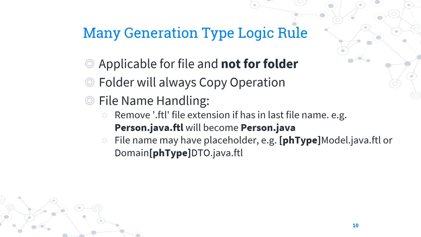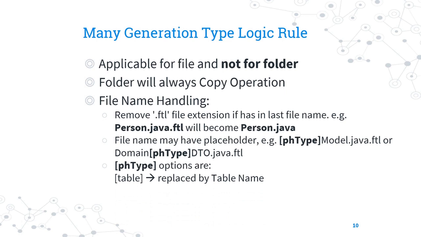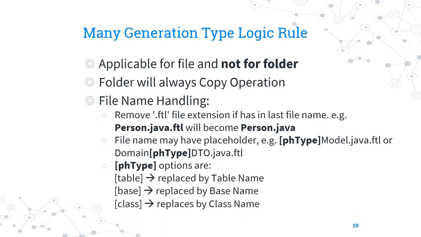In this case, the open and close square brackets are the placeholder. At this moment, we only have four types of placeholder. The options are: the square bracket with table inside it, then it is replaced by the table name. The square bracket with base inside it, then it is replaced by the base name.